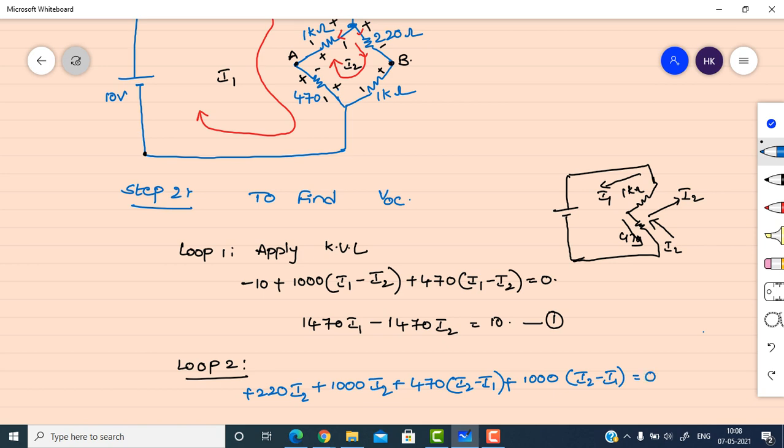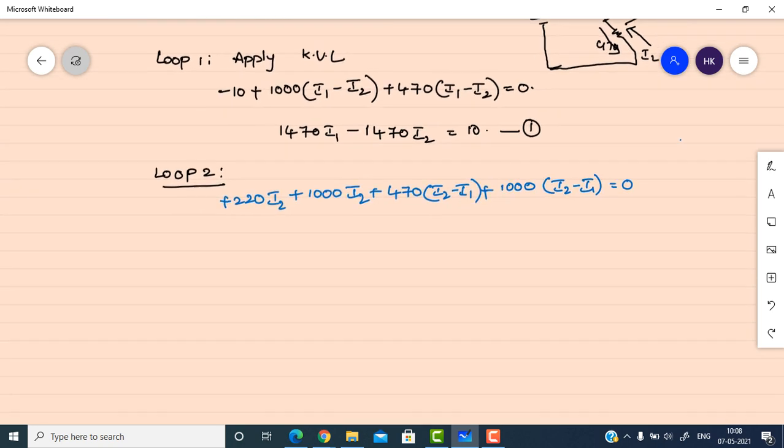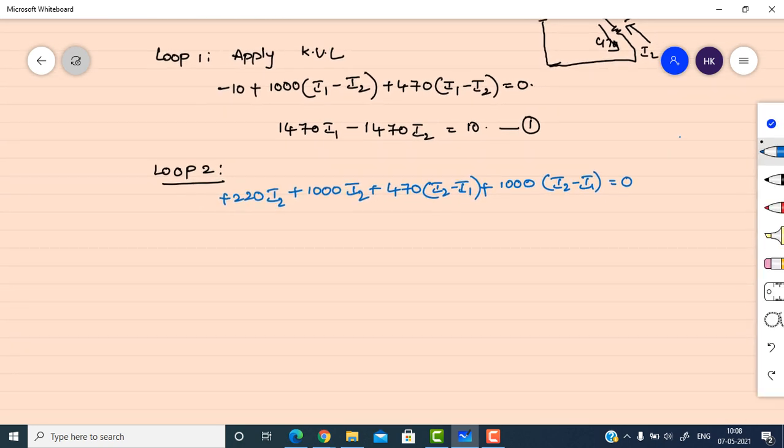Have you got the current values? Here minus 470 minus 1000. So minus 1470 I1 plus 1000 I2, 1000 I2, 2000 I2, 2000 plus 470 plus 220.